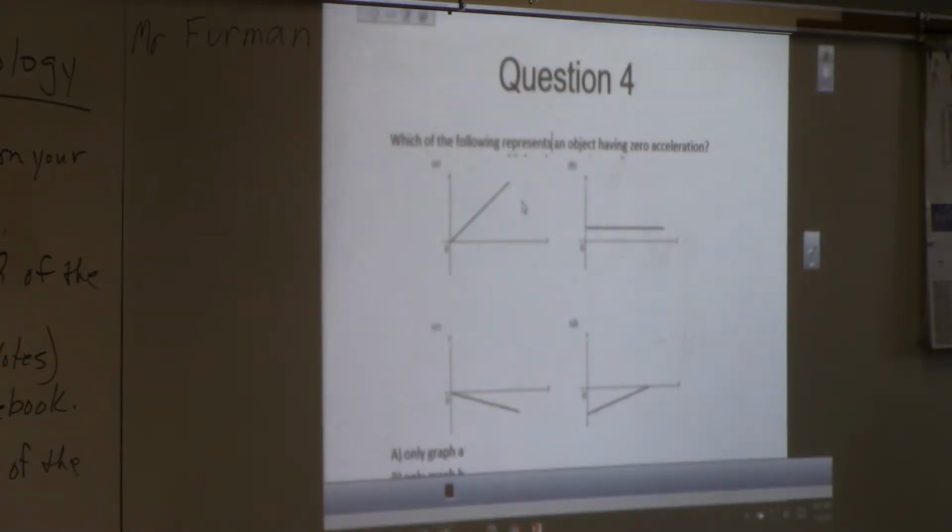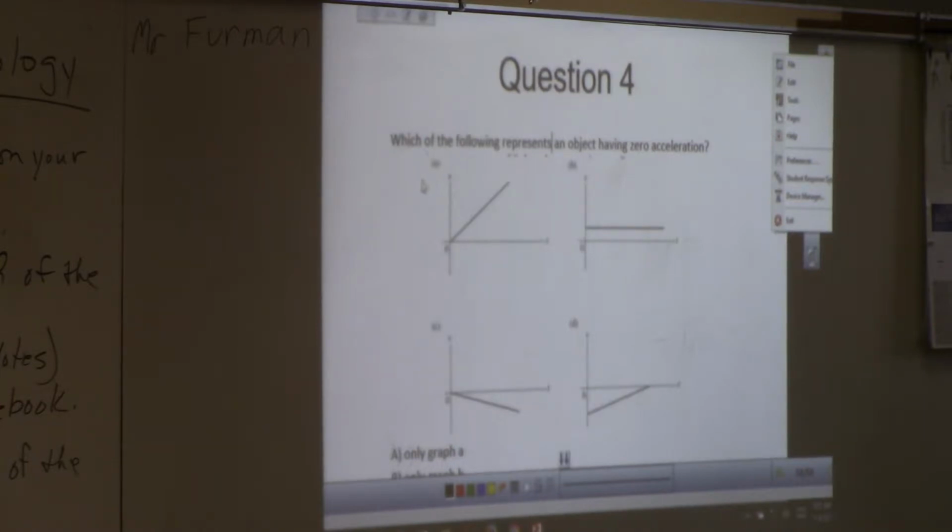Which of the following represents an object having zero acceleration? The axis is a little bit hard to read on this one. This is a displacement versus time. This is a velocity versus time, velocity versus time, and velocity versus time.